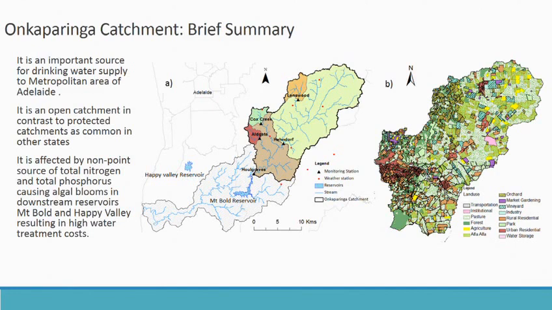Because of those practices, there is a risk that the excess amount of fertilizer that we use will ultimately reach the water bodies. And we have Mount Bold Reservoir, which is a storage reservoir, and Happy Valley Reservoir, which is a water supply reservoir.